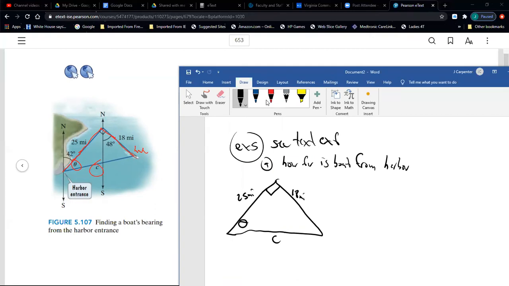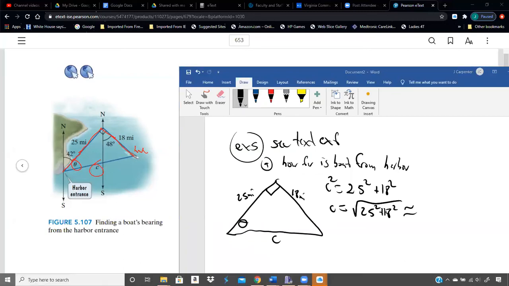First thing we're going to do is find C. That's a right triangle, so A squared plus B squared. C squared equals 25 squared plus 18 squared. So C would be the square root of that. Let's pull out our calculator.